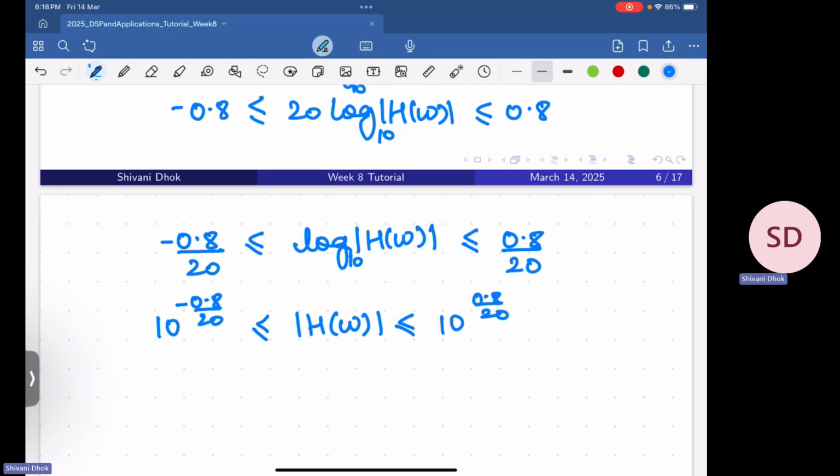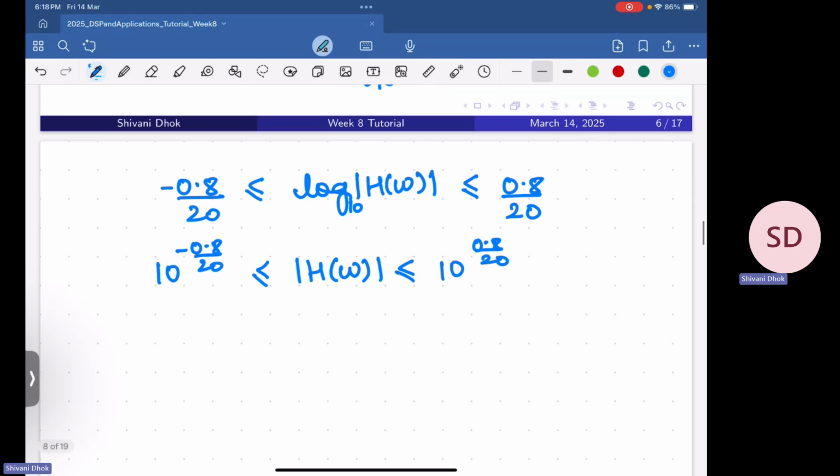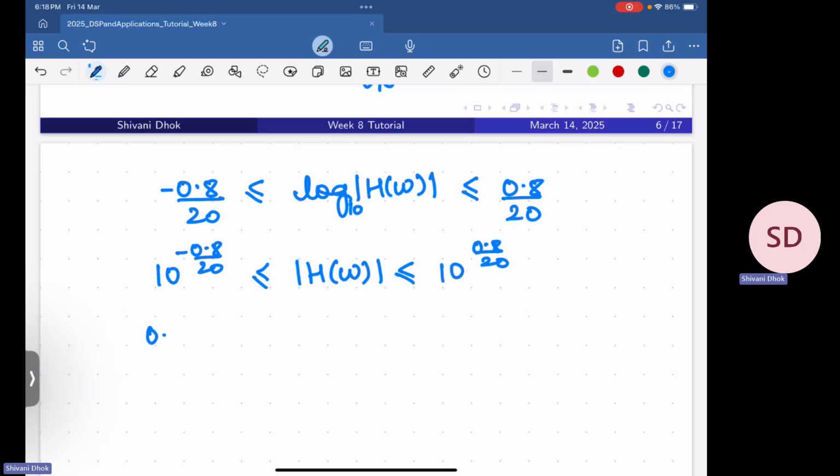Finding the value of these directly is not possible, so we'll have to rely on calculators. If you use your calculators, what we get is 0.9120 less than or equal to magnitude of H of omega less than or equal to 1.0965.